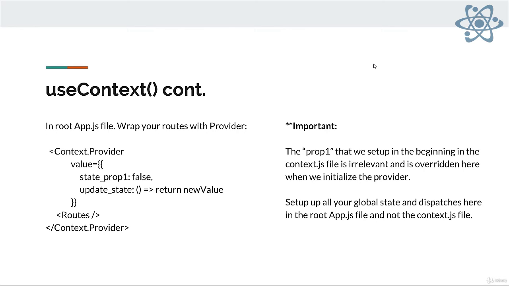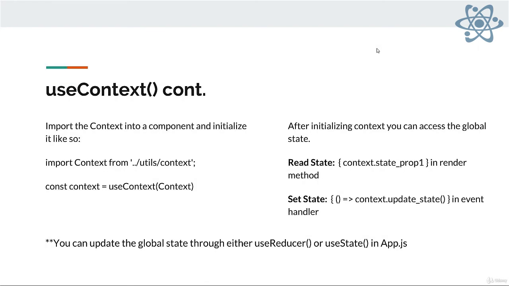And these properties are all user defined, and you can make them either a value or an arrow function. And this is why I mentioned in the last slide that setting up the initial value in the context is irrelevant, because they're all updated right here in the value prop. So if you want to set values or functions, you have to do them here in the app.js file. Setting up props in the context file does not do anything.